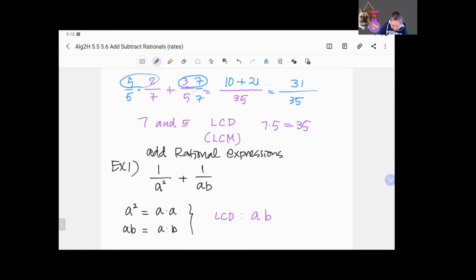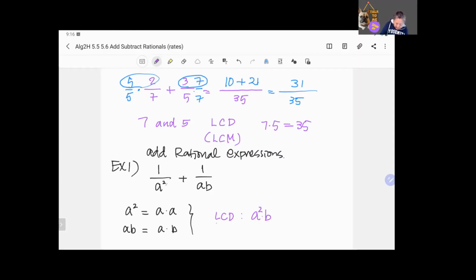But here we are getting the least common multiple. So for a, to cover both, we have to go with a with the higher exponent. So now I have to have a squared. But for b, the first denominator doesn't have b, but the second one has b. So to cover both, I do have to have b there.